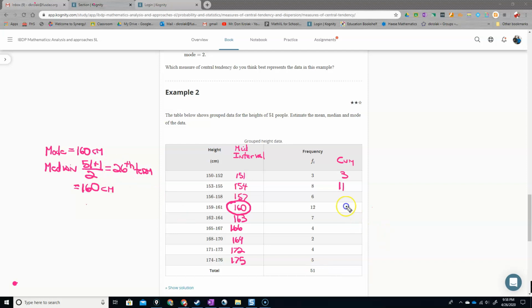All right, now to get your mean, you're going to take the frequency times the mid-interval value for each one of these, multiply them, and then add up all those sums and divide that by 51.